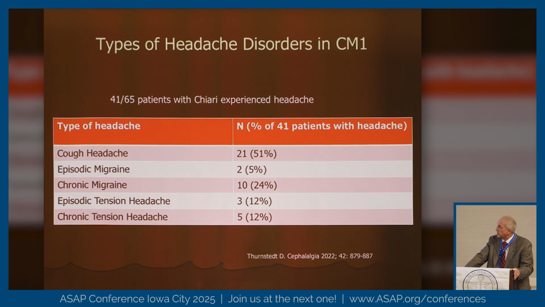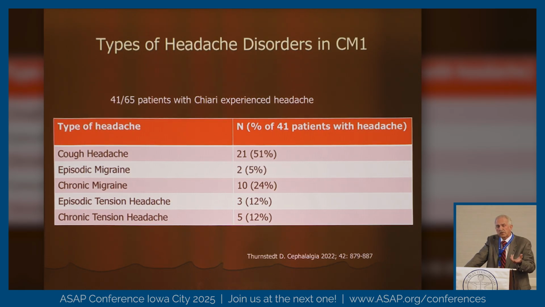So about 41% of 65 patients in this Chiari clinic actually had headaches. Cough headache occurred in about half, 51%. Episodic migraine in this clinic was just 5%, but chronic migraine, which is what we see in a headache clinic, very, very common, was 25%, a vast overrepresentation of chronic migraine.